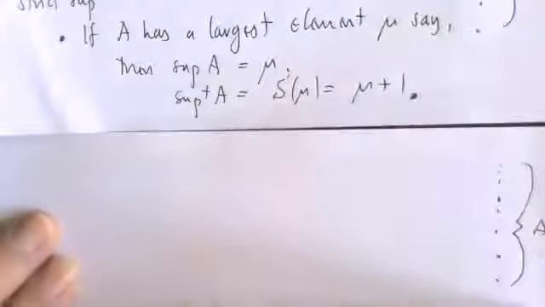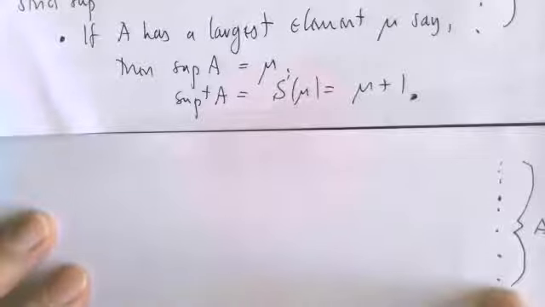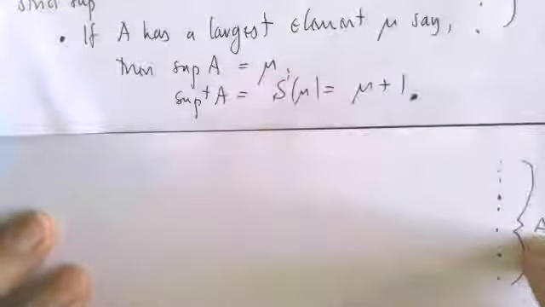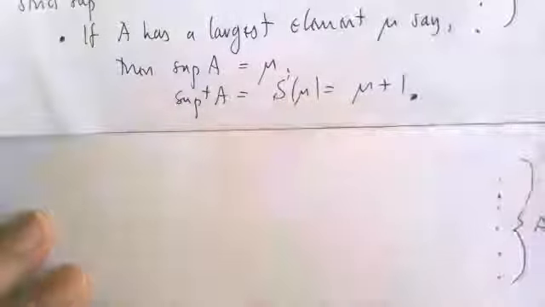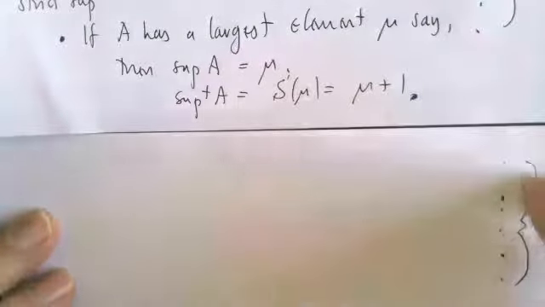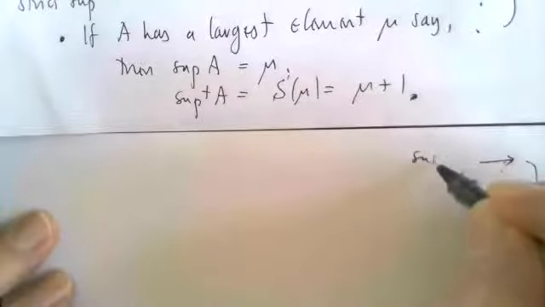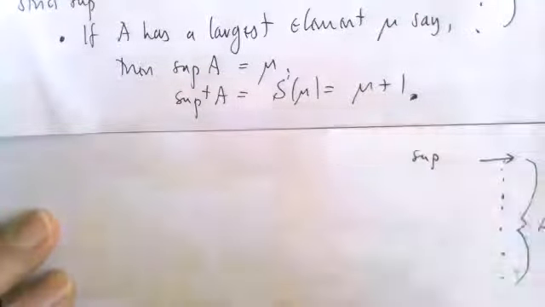If A has no largest element, so there's a set of ordinals. Again, think of A as something like omega, right? No largest integer, no largest natural. Then sup A would be the least thing greater than or equal to all of these elements.